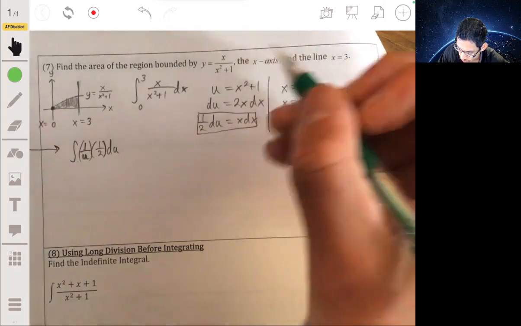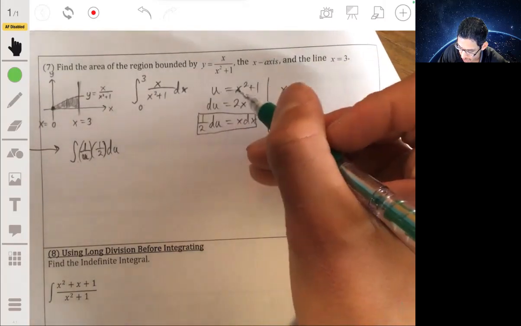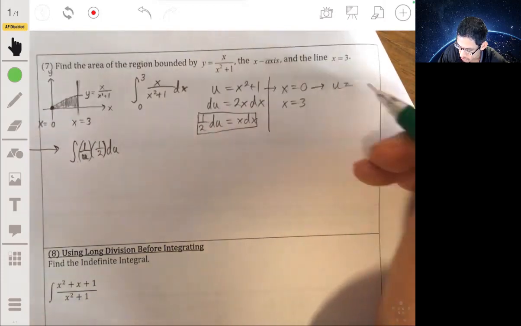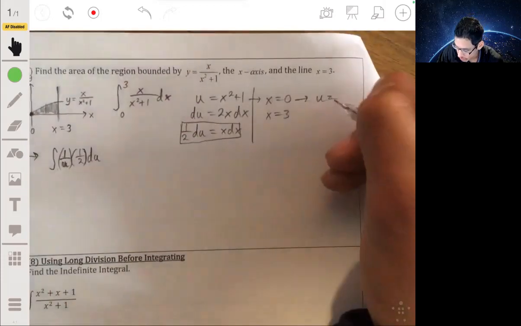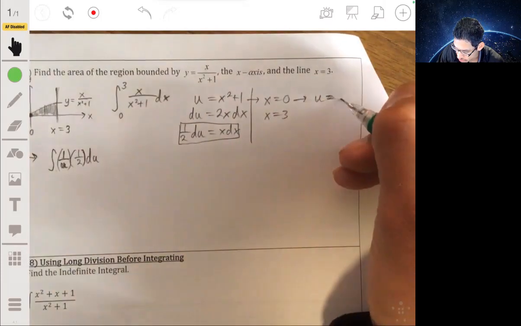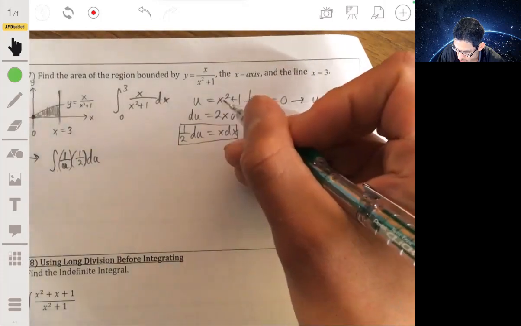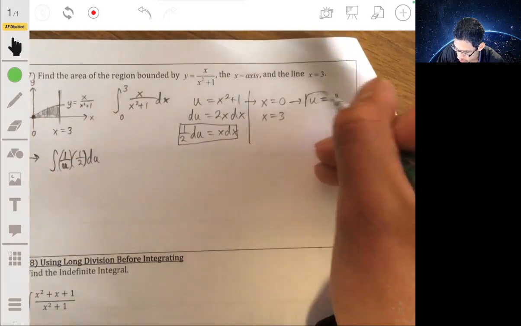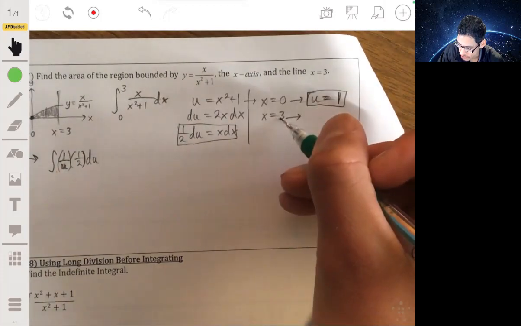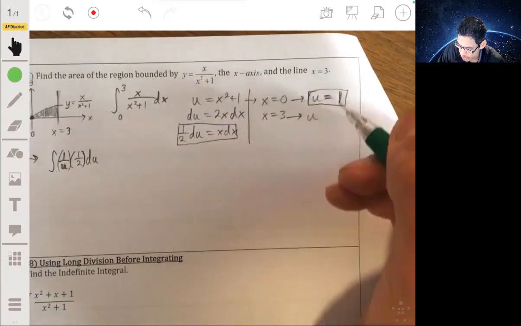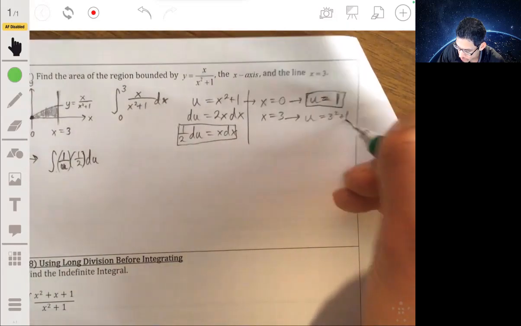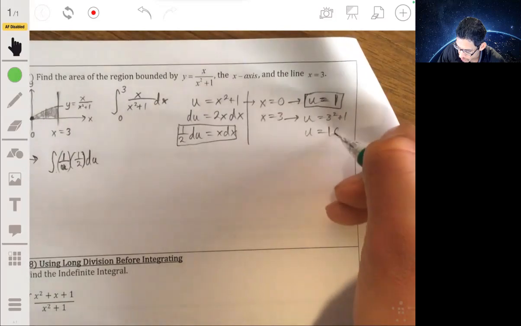So when x is 0, u is x squared plus 1, so u will just be 0 squared plus 1, or just 1. We're just going to plug 0 in there. And then when x equals 3, u will be 3 squared plus 1, or just 10.